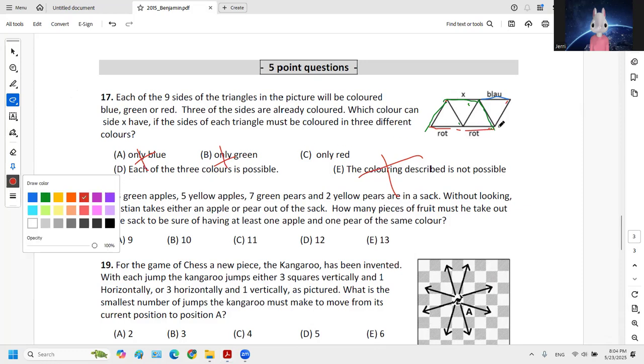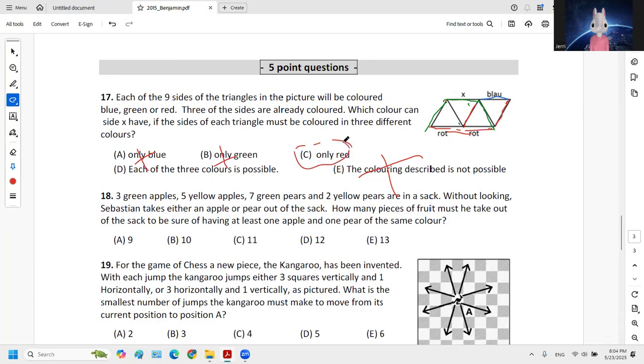And then this would be red, red, and then here would be wrong. So only red can be the X. D is not the answer.